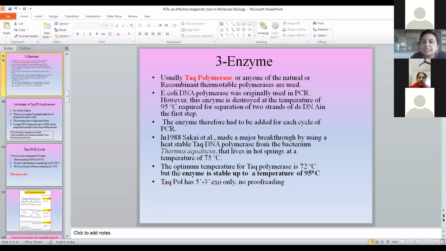And this enzyme has 5' to 3' exonuclease activity. So this enzyme is the best suited enzyme for carrying out PCR reaction. So with Taq polymerase, the whole PCR technique got innovated.